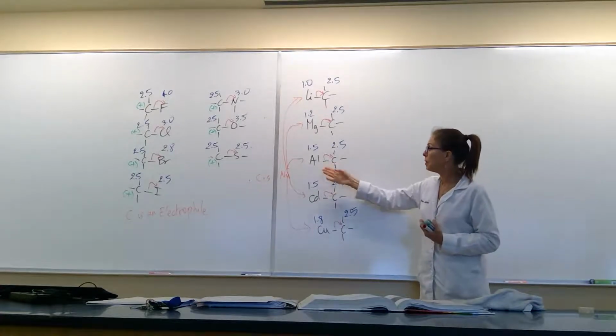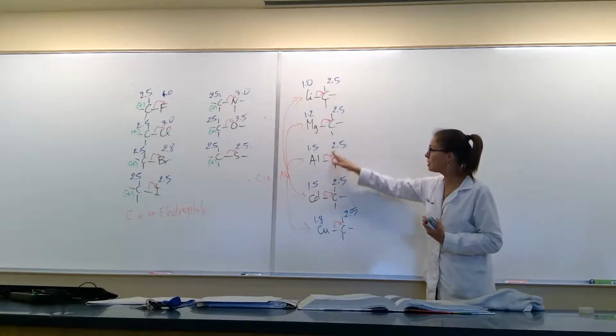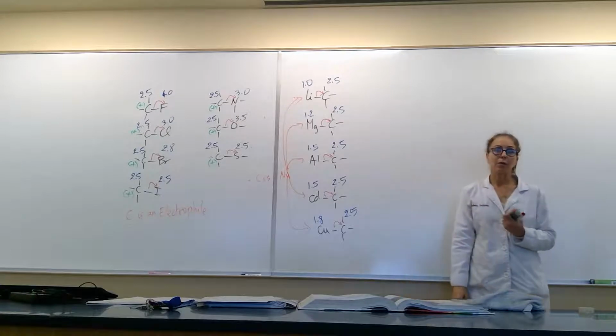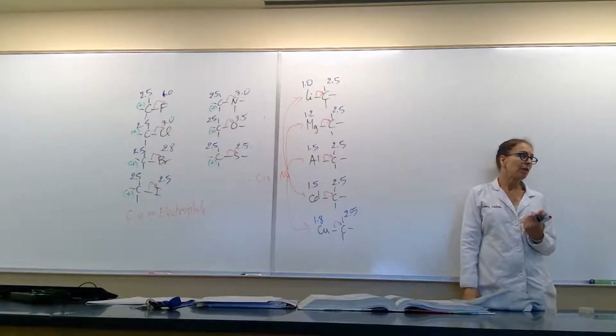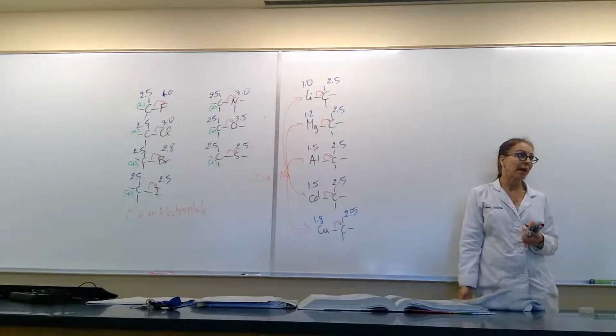Then aluminum will be less, and then these two are the same, and this one is kind of in between. But the key thing for you to know is that these are compounds that will give you carbon that's negative. They're producing a carbon anion. We're not going to call it carbanion for now, but it's a carbon anion.